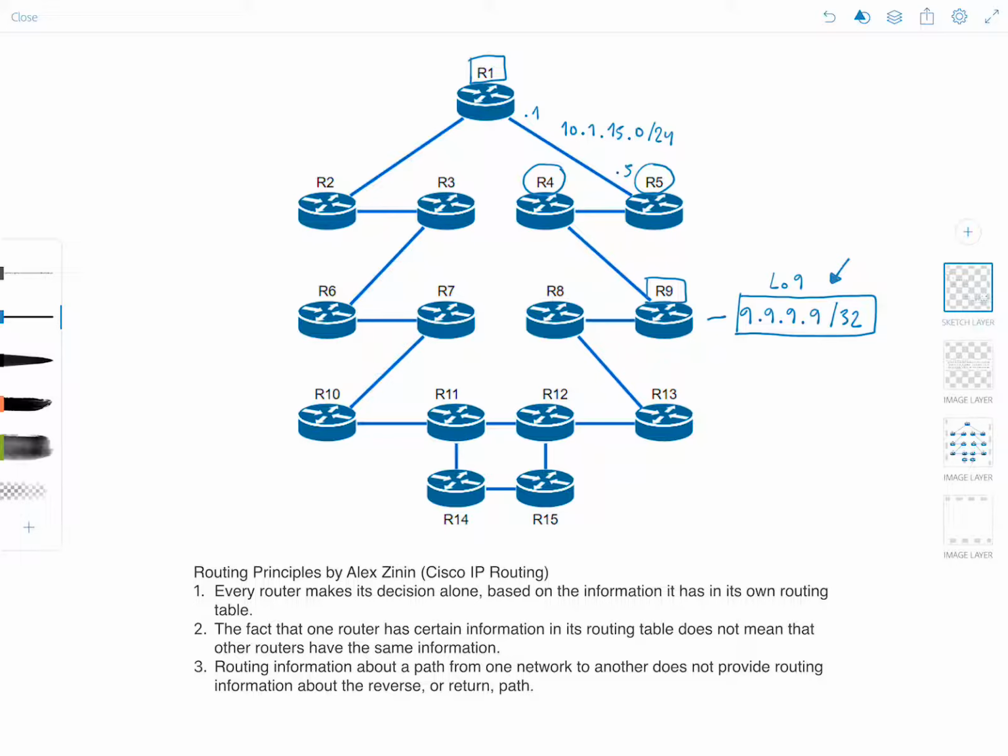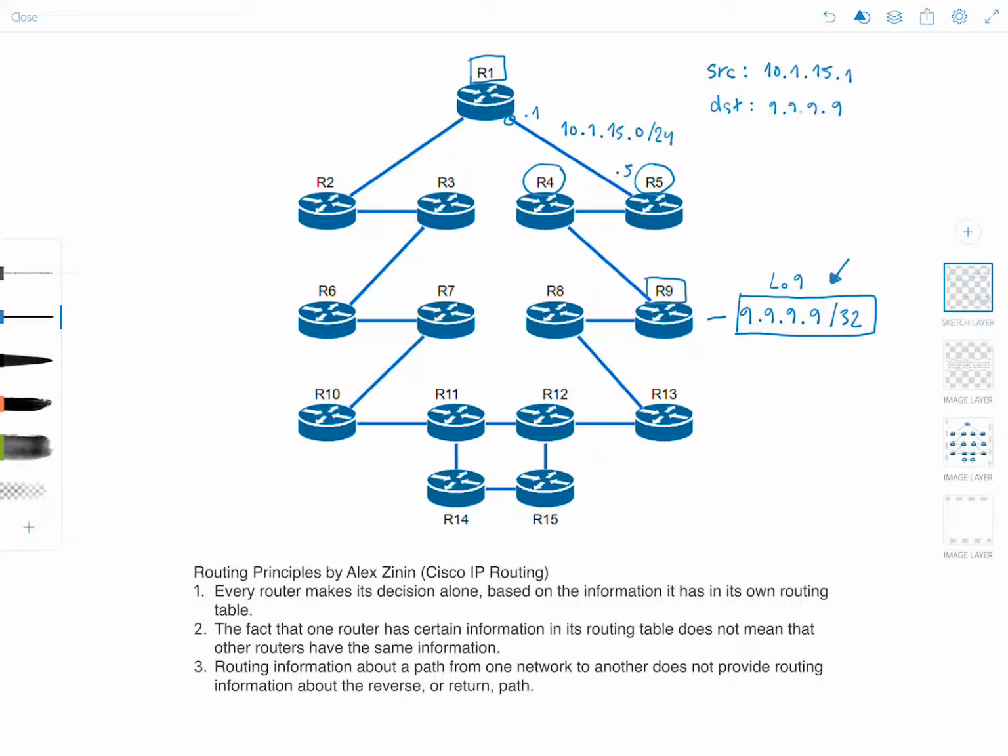Well, by default, it is the IP address of the outgoing interface. So in this case, it would be the IP address configured here. We just assigned it 10.1.15.1. So the packet would be source address 10.1.15.1 and destination 9.9.9.9.